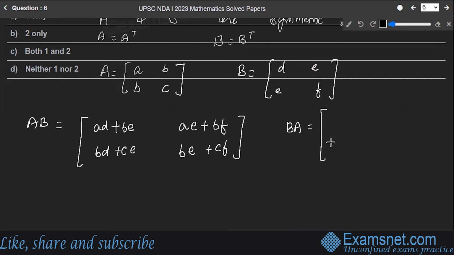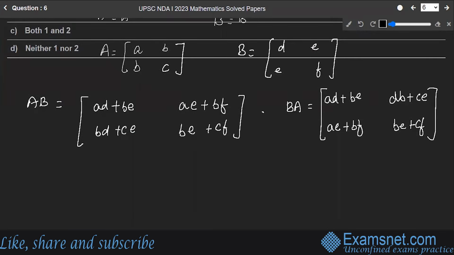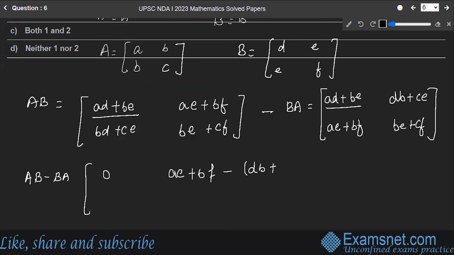Similarly, BA can be written as AD plus BE, DB plus CE, then AE plus BF, BE plus CF. Now let's subtract both of them. You have to do AB minus BA. Let's go. So AB minus BA, this entry will be 0. Now this is AE plus BF minus DB plus CE.